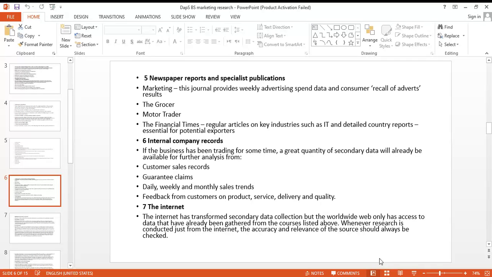The Economist, the London Economist, is a classic example of a source from where you can get a lot of information. The Financial Times gives financial information daily, so you can get a lot of information on economic and financial trends from there.